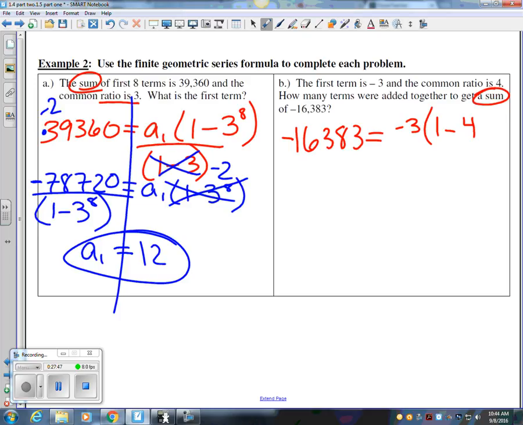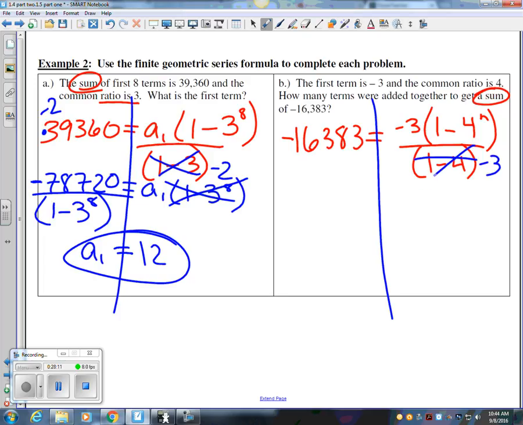Yeah, that's R. Nope. So I'll put an N. And then on the bottom, 1 minus 4. So I got numbers. I just have one letter. So is it solvable from here? Yes. You don't need to use the other formula. It's solvable from here. What is 1 minus 4?